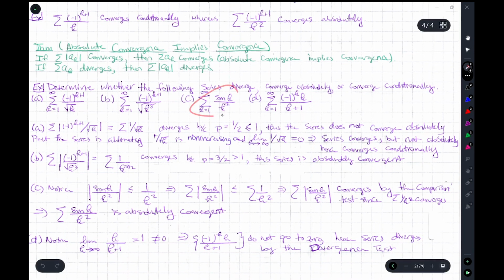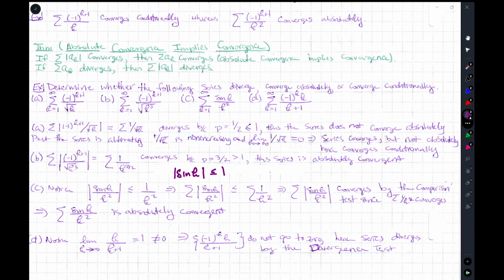What about this term here? Okay. Well, when you take the magnitude of that, this is going to be less than, so the absolute value of sine of k is less than or equal to 1. That's where that's coming from, okay? So sine of k in general is between negative 1 and 1. And so its absolute value is going to be less than or equal to 1.